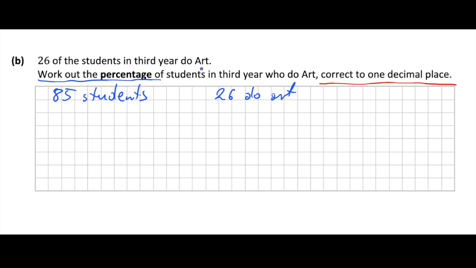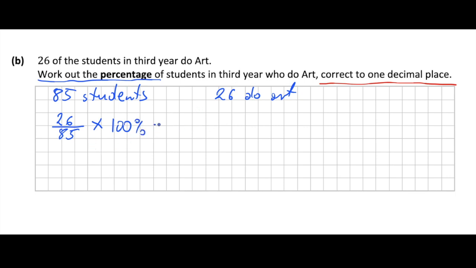Whenever we want to find out what percentage of a larger number is a smaller number, we put the smaller one, 26, in our numerator, and divide it by the higher number, 85. And because we want the percentage, we always need to remember to multiply everything by 100%. It's a formula that you all should be familiar with.